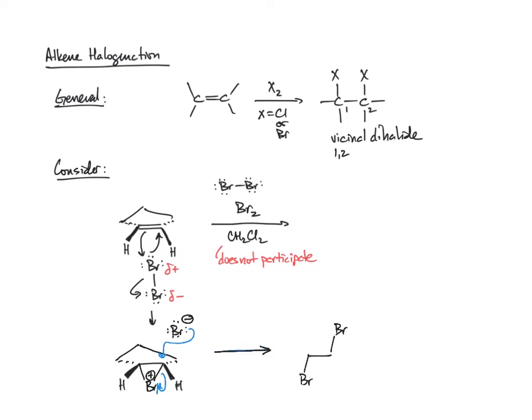Now you can see, if you were to look down a Newman projection of that, you would see that they're anti. Let me go ahead and put in the hydrogens now. So this is an anti-addition. The bromines end up being trans.